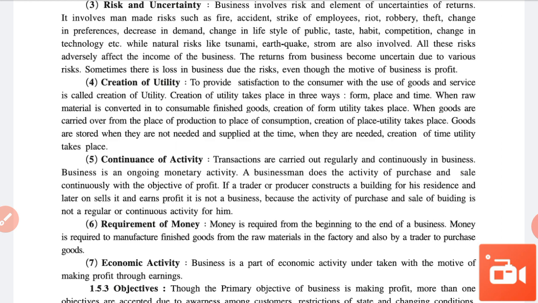That means any consumer consumes a particular product, uses the goods or service, and is satisfied with our service. So we can say we provide satisfaction to the consumer. That is our creation of utility.